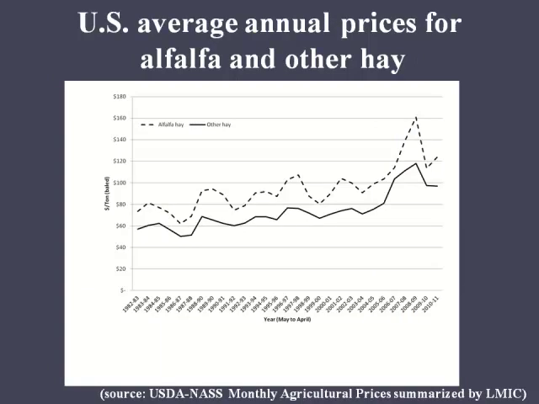We can see the price of feed increasing over time, and this slide particularly shows alfalfa hay and other hay across this same time period. And you can see a generally increasing trend, and again in 2006 through the present, we're in this new era of higher costs.